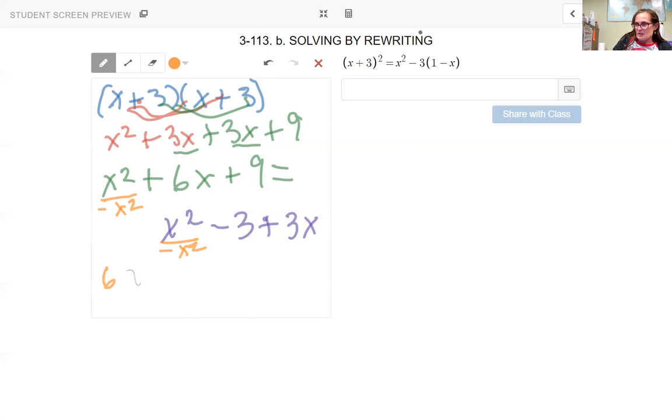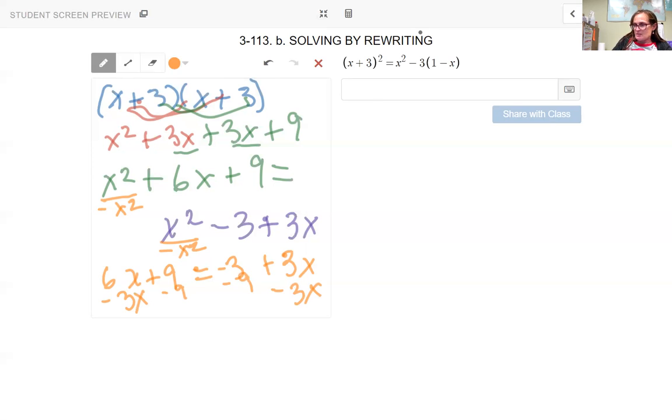The first thing I'm going to do is subtract 3x from both sides, and that'll be 3x left. And then I'm also going to subtract 9 from both sides.